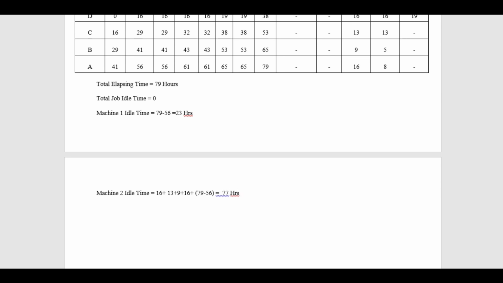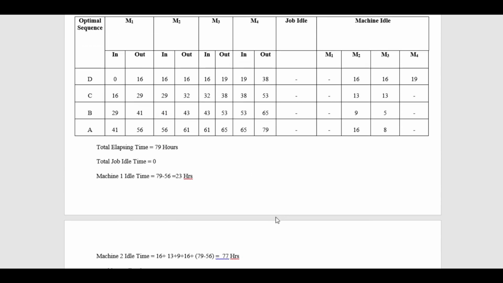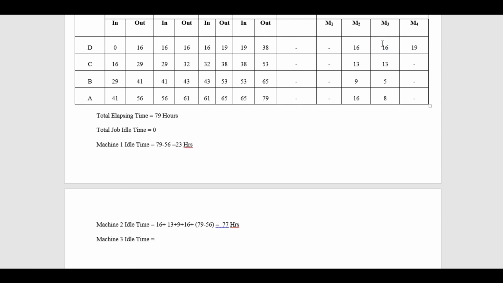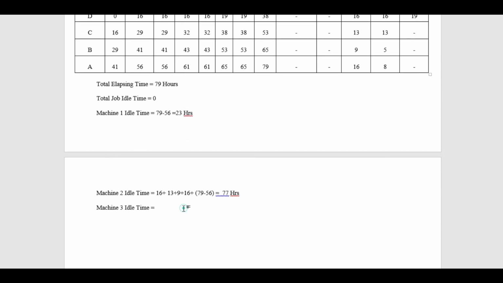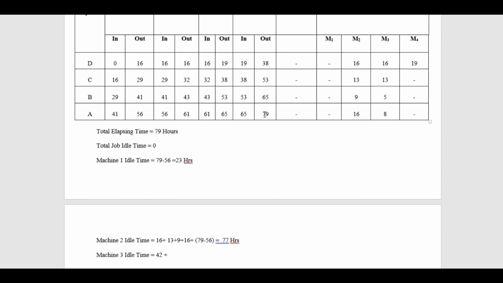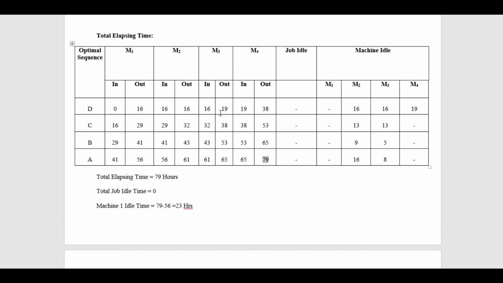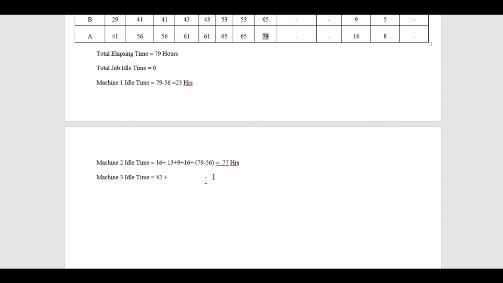Similarly, for machine 3, the idle time will be 16 plus 13 plus 5 plus 8. So 29, 29 plus 13, 42. So 42 plus the cycle time 79 minus 65.